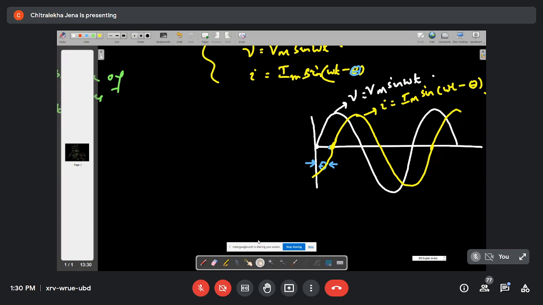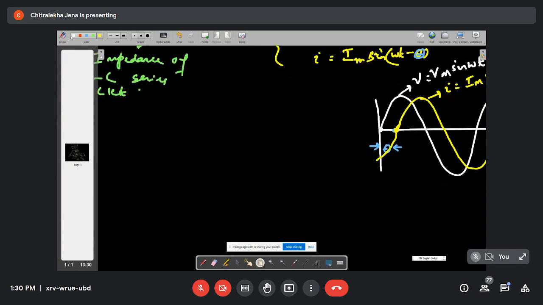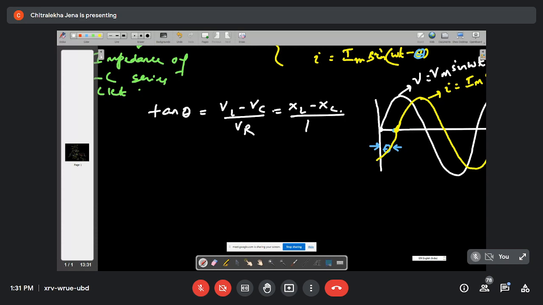Yes, ma'am. So now what is the formula for tan theta? Look at your phasor diagram. Tan theta is equal to how much? Tell me. XL minus XC. Tan theta is equal to (VL minus VC) divided by VR, which is (XL minus XC) divided by R, since I is common.